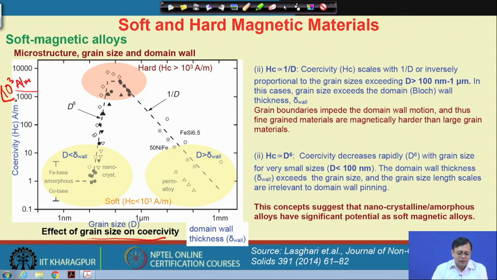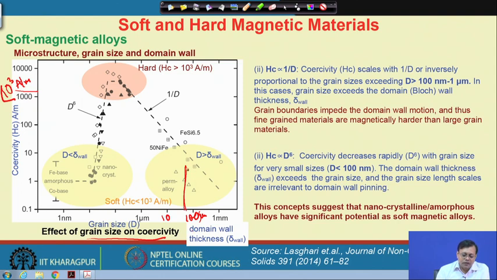For transformer steels we use iron silicon steels, which have quite a large grain size, like CRGO steels and so on. So, this is 10 micrometer and this is 100 micrometer.